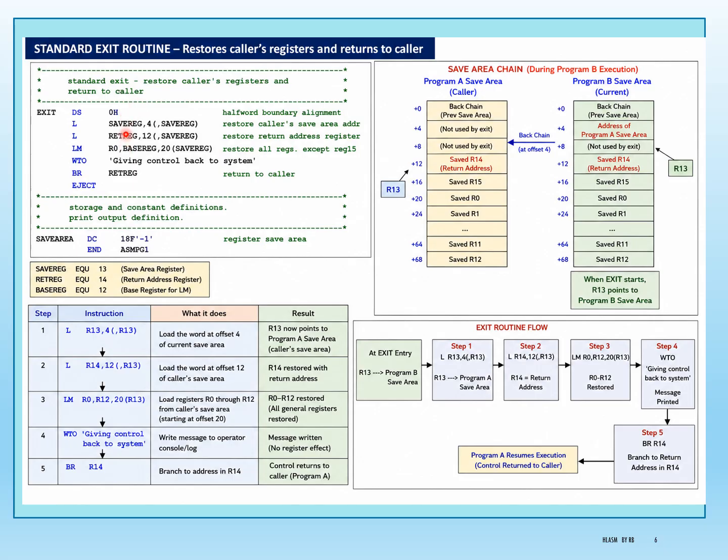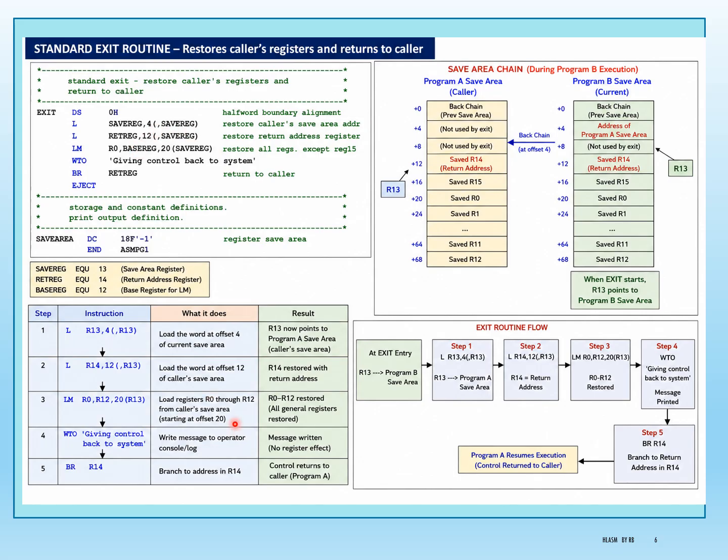Here you are seeing the save area and all that. If you remember, in the first slide I showed that these are nothing but different registers. Here I have shown save register is 13, return register is 14, and base register is 12. For easy understanding, I have put in the same set of commands, using the registers directly rather than these words.